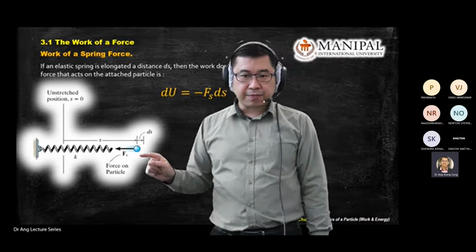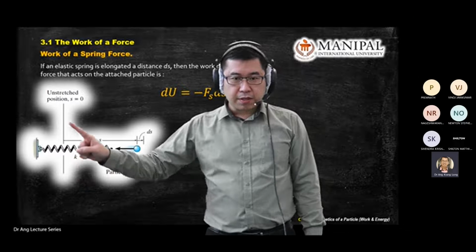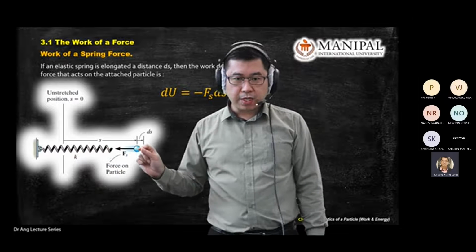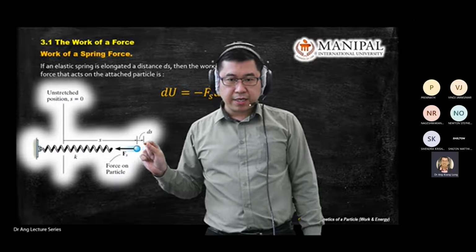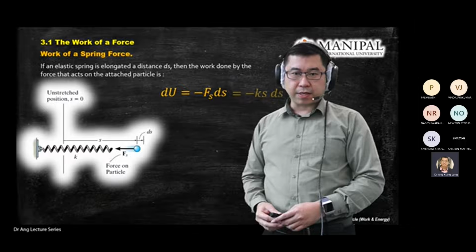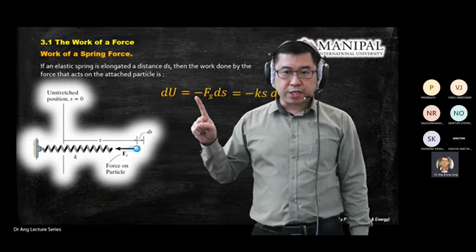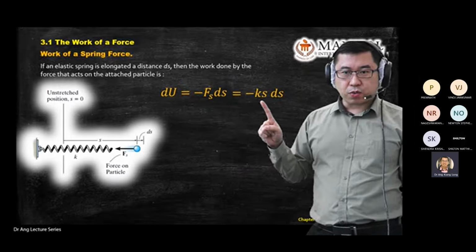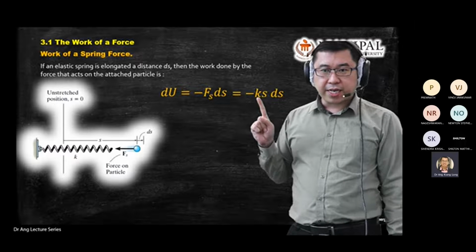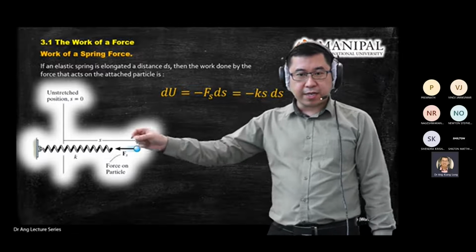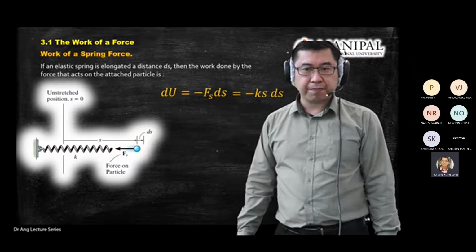Okay, in this case, this is the datum, right? So what is the work done by the displacement here? You can expand your Fx. Fx equal to kx. K is a spring constant. S is the distance that you pull the spring.